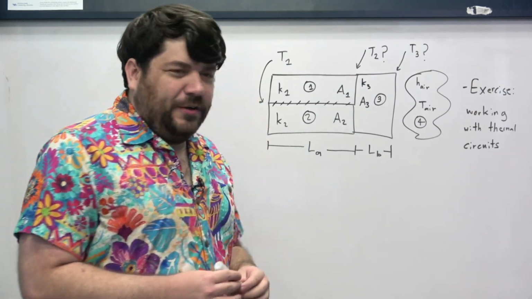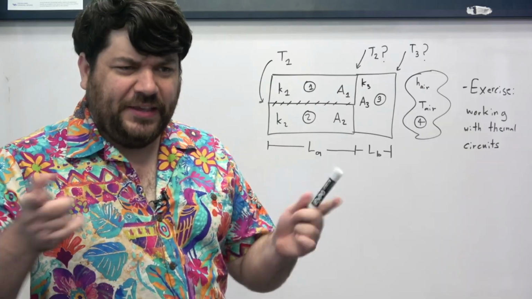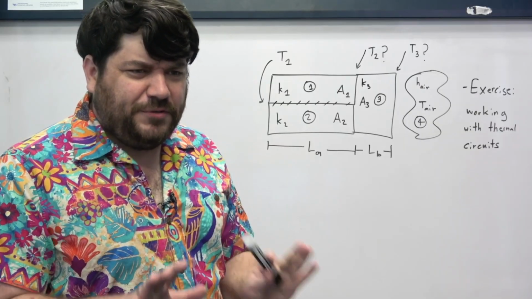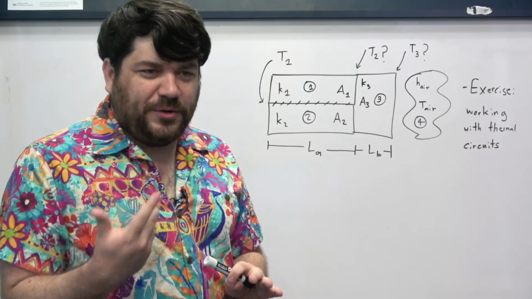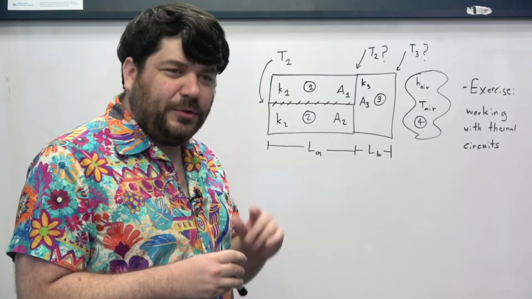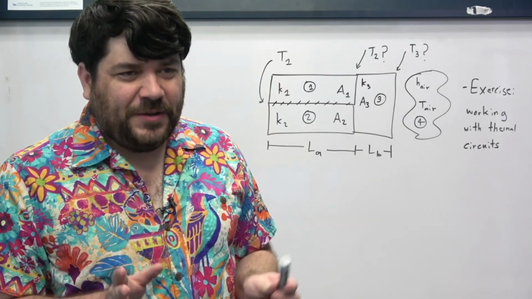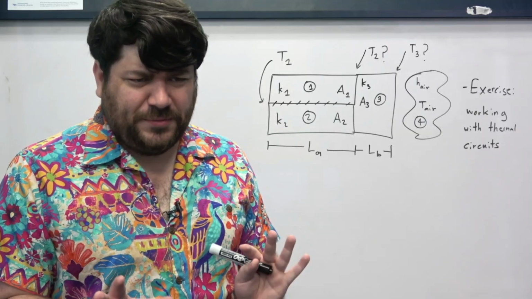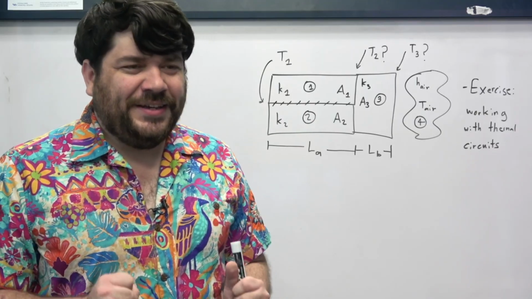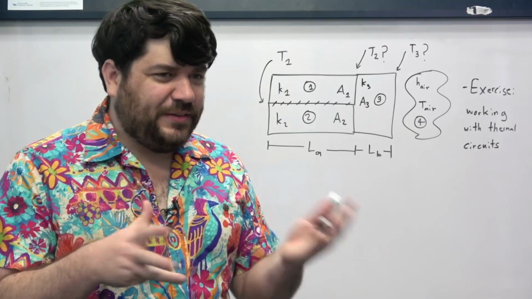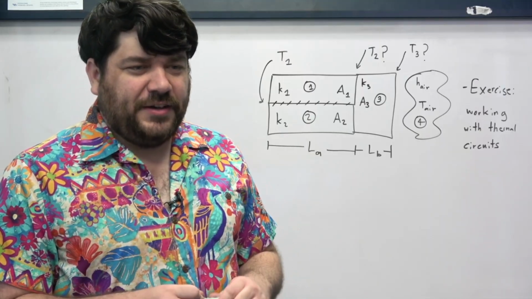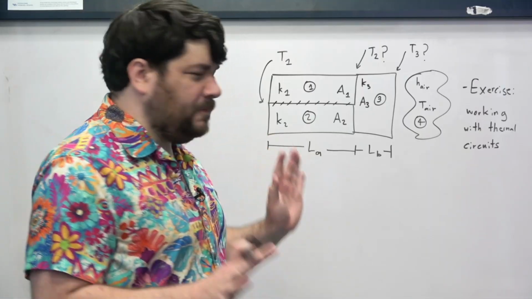Well, the first thing that we have to do is check whether or not the assumptions that we would normally use to analyze a system with thermal circuits are valid. And I'll remind you that there are 4 key assumptions that we always have to make in order for us to be able to take a physical system and analyze it in the context of thermal circuits.